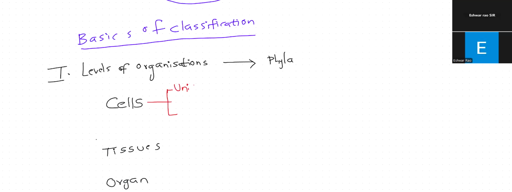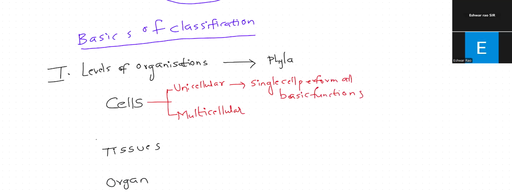In unicellular, a single cell performs all basic functions, like digestion, respiration, etc. In multicellular, a group of cells is going to perform basic functions.